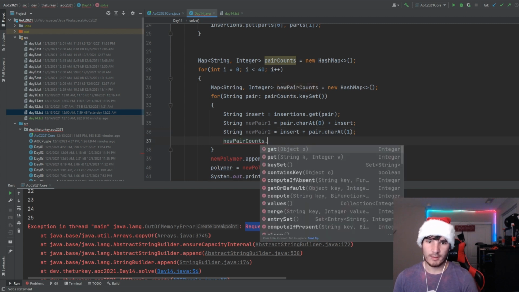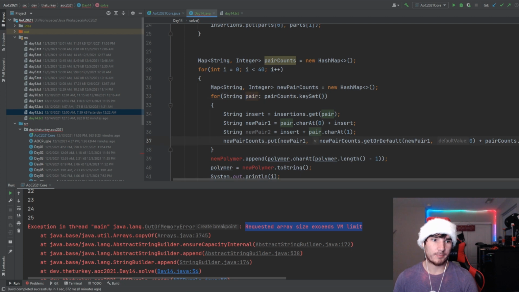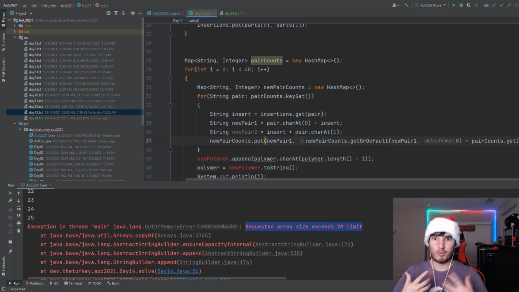So we can do put new pair 1, new pair counts, getOrDefault new pair 1, 0, plus what's currently in our pair counts for this pair, because this pair will create equally as many of these.